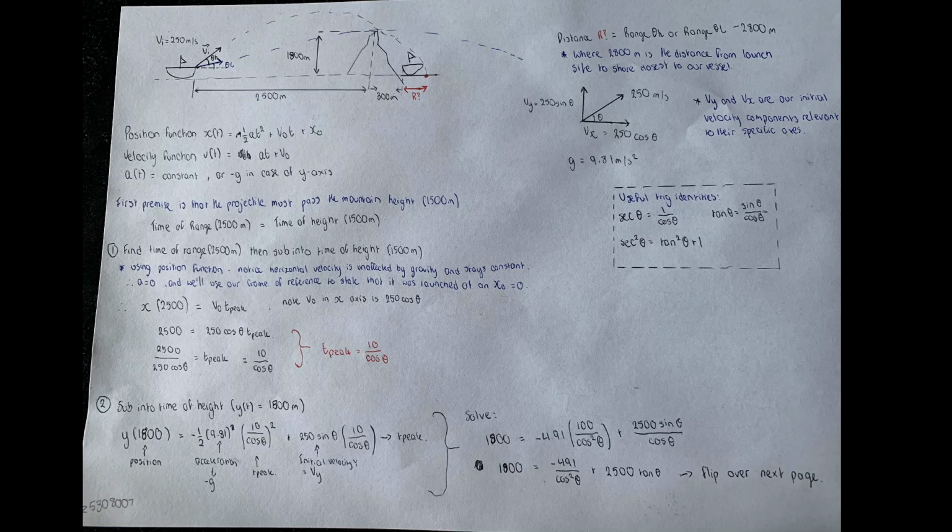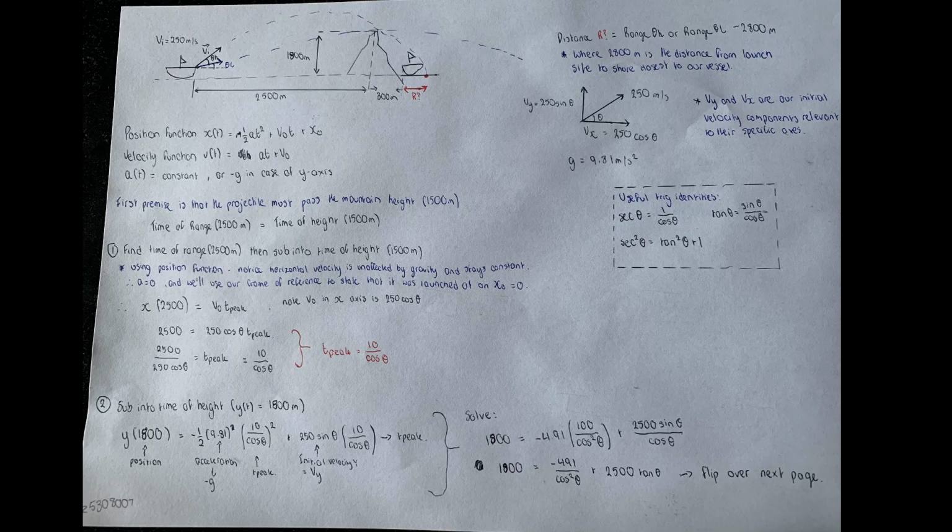Now we substitute this into our time of height for a y position of 1800 meters. By doing this, you see below we have y of 1800, which is a position, is equal to minus a half 9.81 times 10 over cos theta, squared. 9.81 is our acceleration, which is minus g.